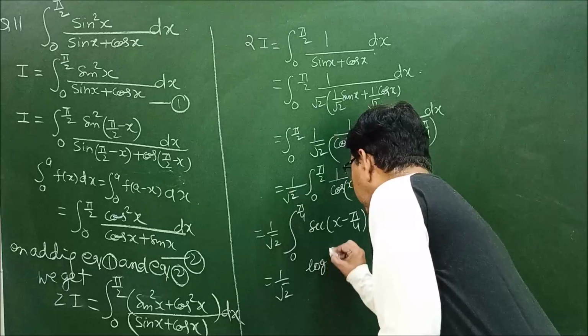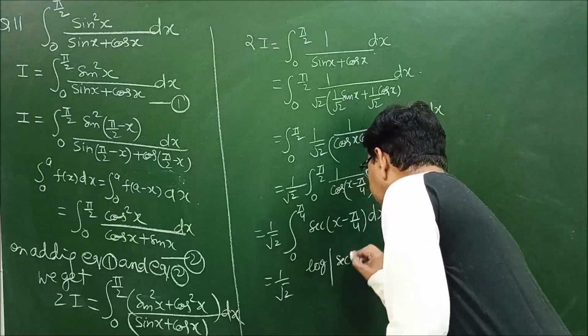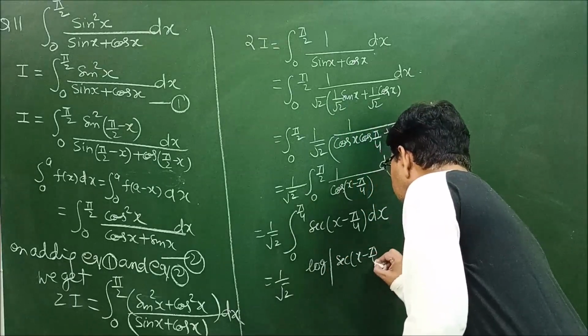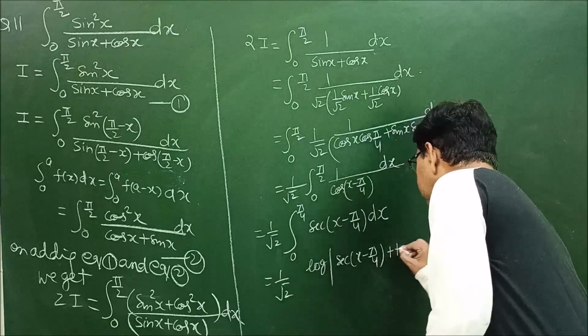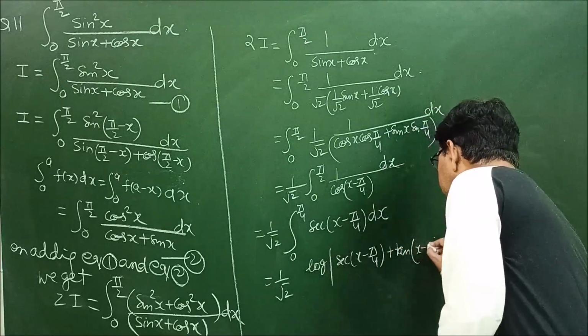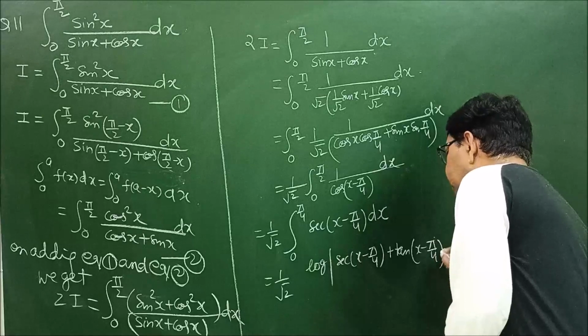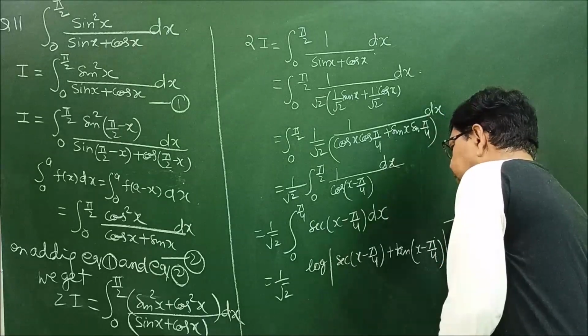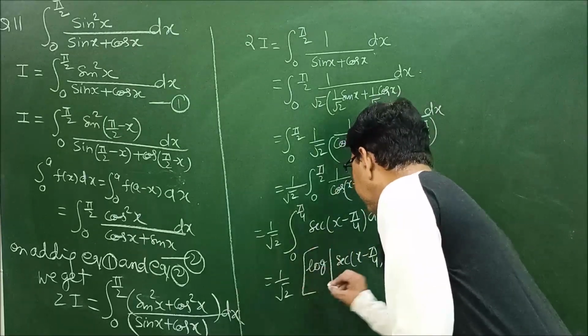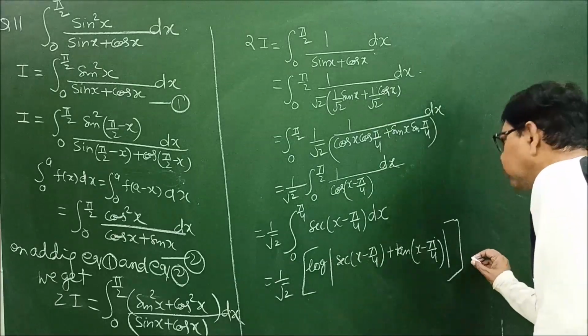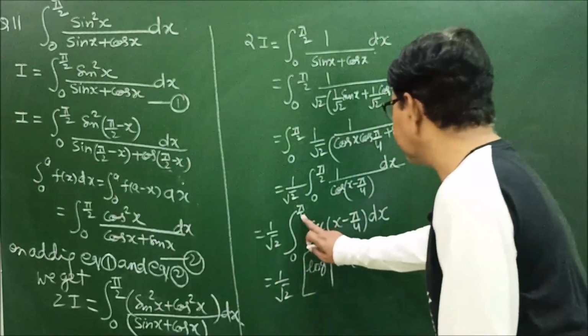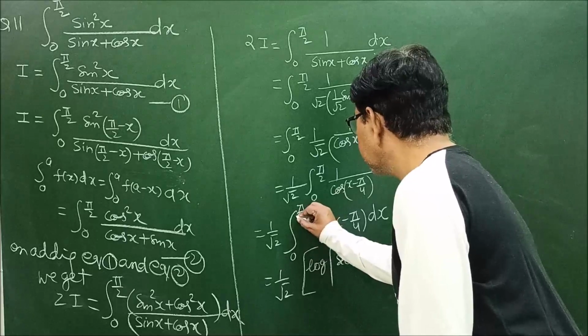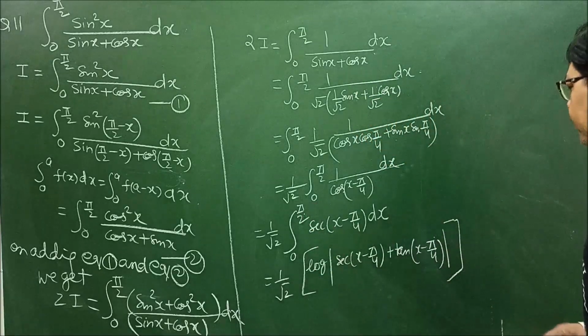So 1 upon root 2 log mod sec of x minus pi by 4 plus tan of x minus pi by 4, using the limits from 0 to pi by 2.